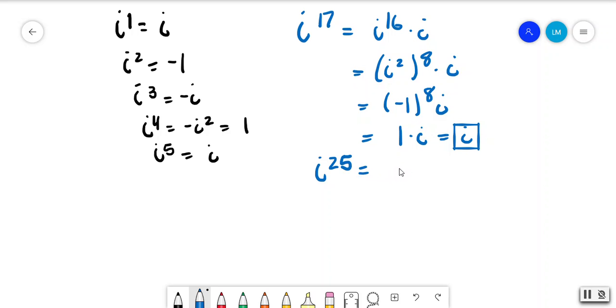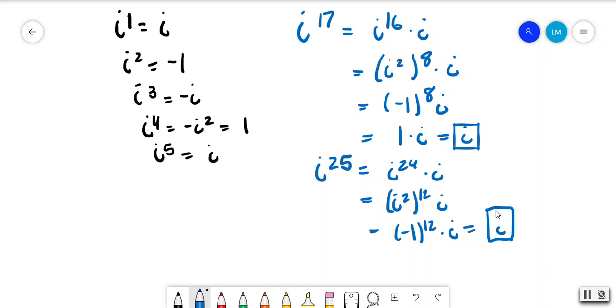You could say, let's see, i to the 24 times i, and this gives you i squared to the 12th power, and this is times i. So that gives you -1 to the 12th times i, but basically it's just going to give you the exact same thing. It's going to give you i.